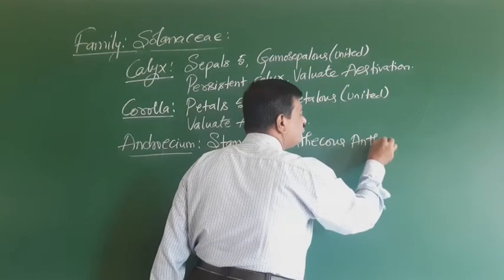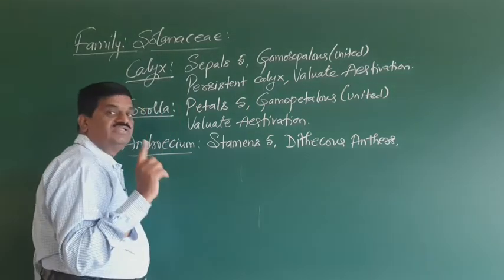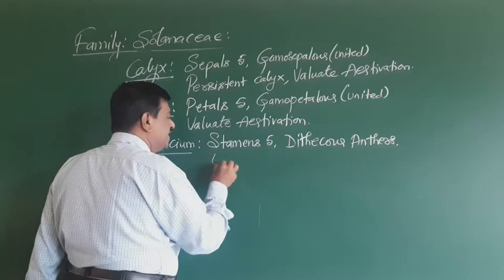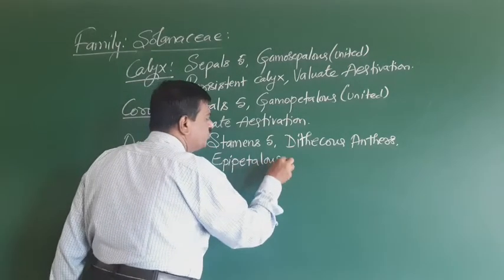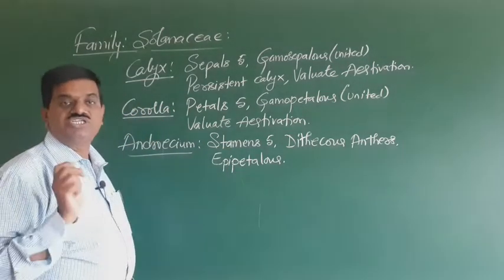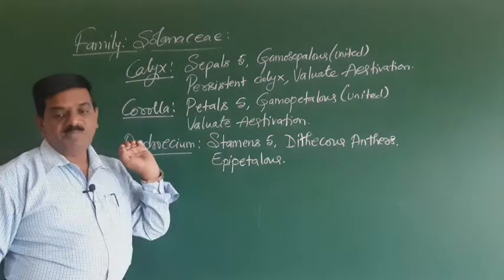The meaning of dithecous is that there are 2 lobes in the anther. Next, Epipetalous: the stamens are attached to the corolla, hence we use the word Epipetalous.